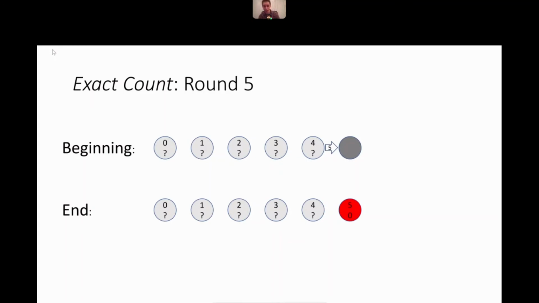And then the last agent will know that it has no right neighbor, and it has heard that it has 5 to its left, so it can guarantee that it should be the color red. And now we can just repeat the process in the other direction. And as we go, every agent is going to have enough information to determine its color.